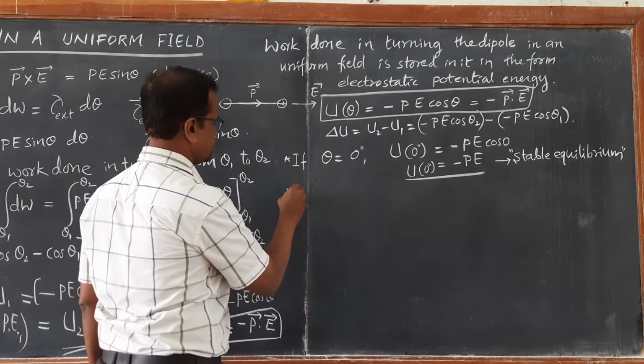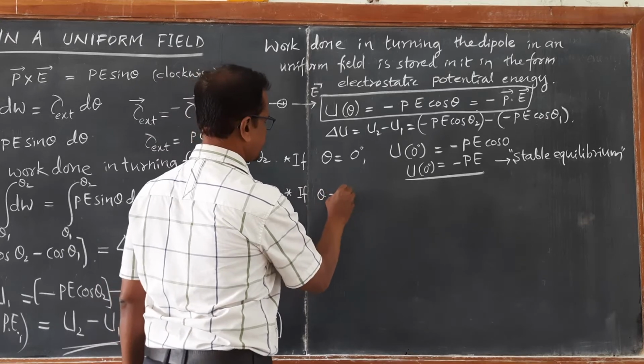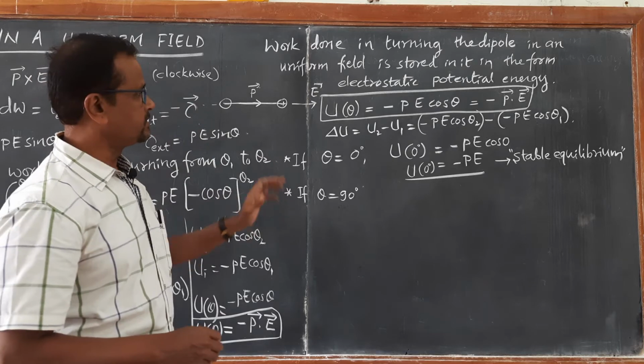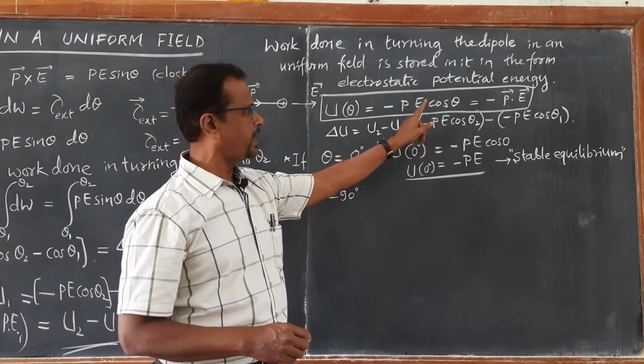Now, let us see the second case. If theta is 90 degree with respect to the electric field. Theta is the angle between dipole moment and electric field.